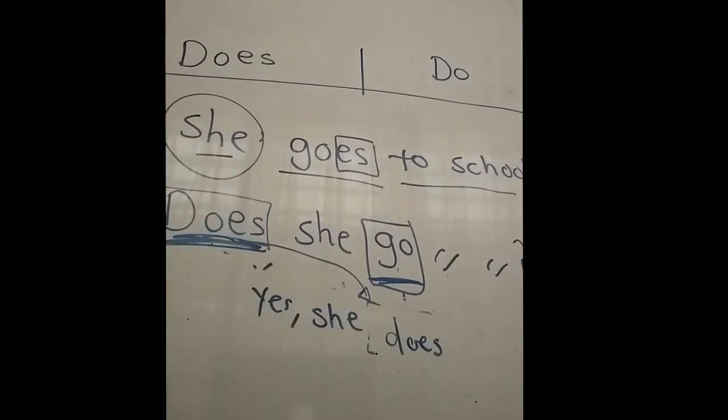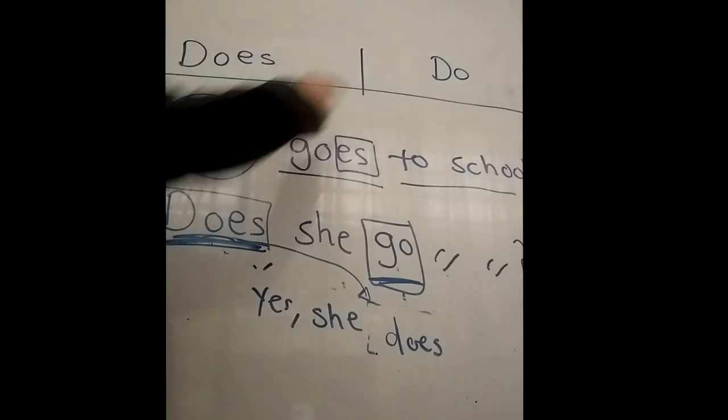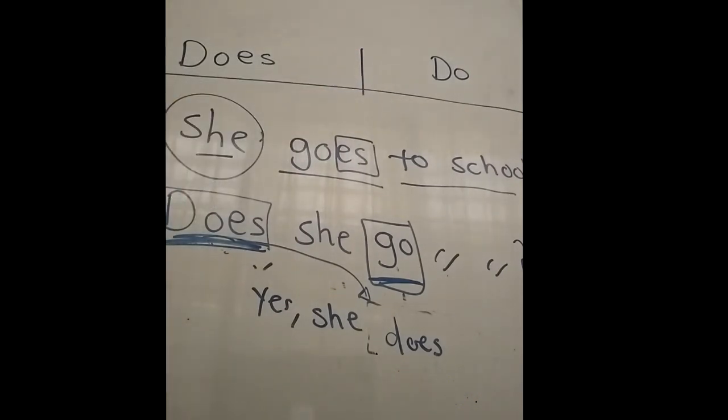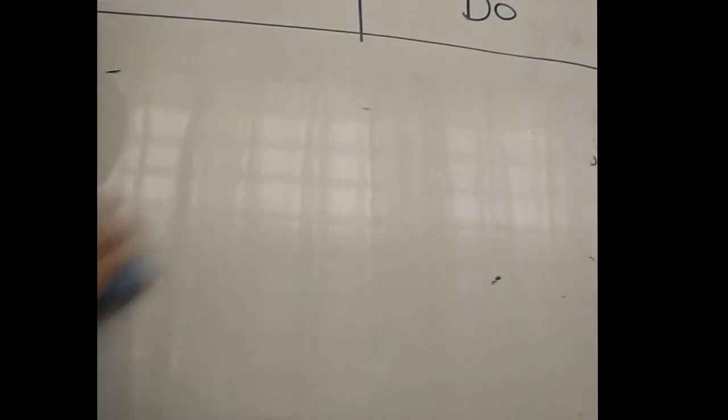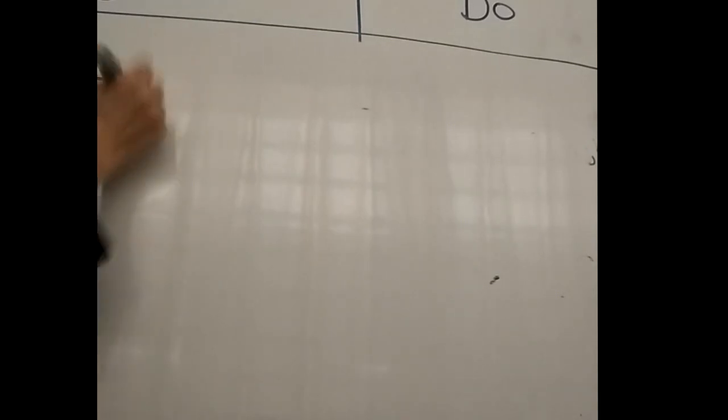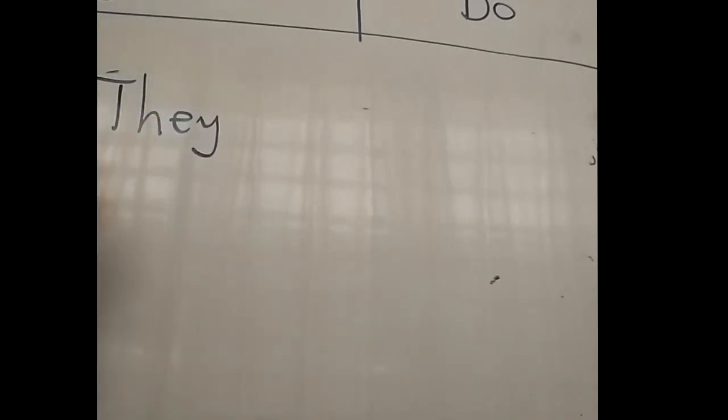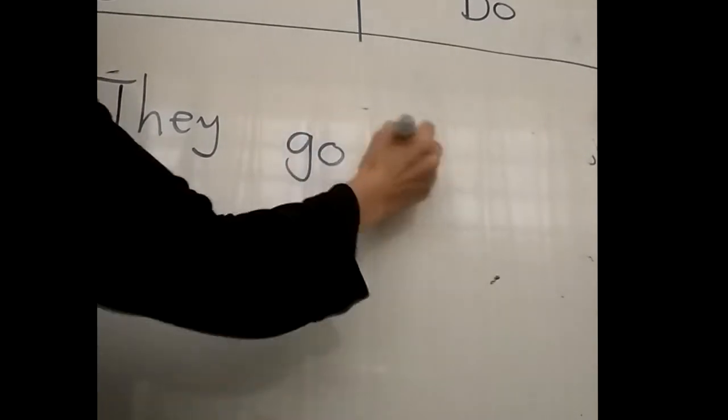And the same thing goes with other subjects. As for do, if you want to use do in the sentence, it will be the same thing. You need to have a plural subject, like for example they. You don't need to add anything to the verb because we don't add anything to plural. Let's say they go to school.